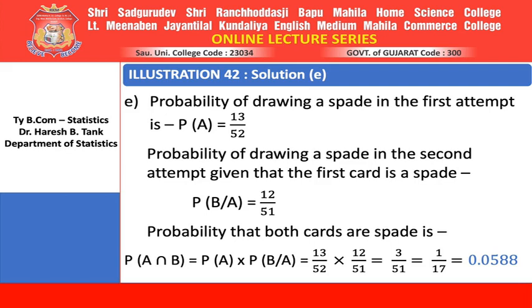So probability of A intersection of B is probability of A multiplied by probability of B, where A already occurred. So 13 by 52 multiplied by 12 by 51, simplifying it, it comes to 3 by 51. 3 by 51 is nothing but 1 upon 17. Further simplifying it, it comes to 0.0588. Right?